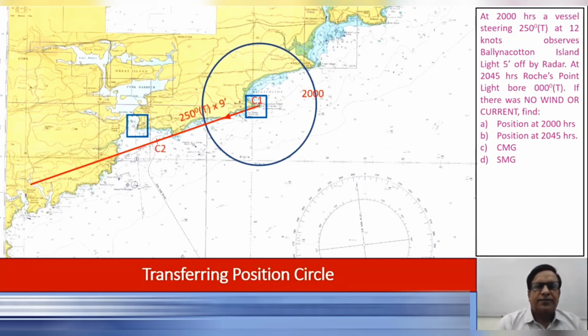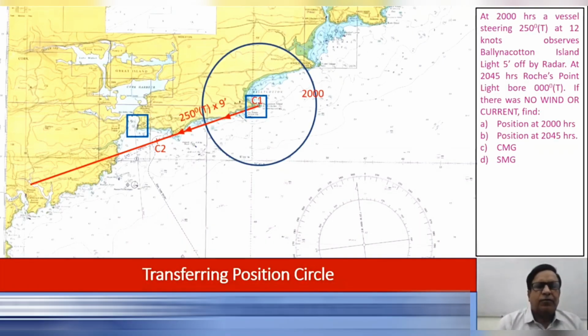Now, in this case, as there is no wind and no current, obviously this CTS is also the CMG. So we represent it by two arrows on this out here. Obviously, the distance made good would also be the same as the engine distance, and therefore point C1 is transferred to point C2.